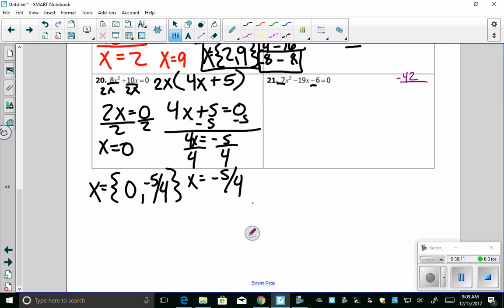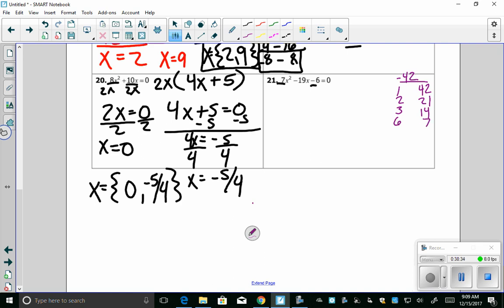Factors of negative 42 are going to be 1 and 42, 2 and 21, 3 and 14, 6 and 7.